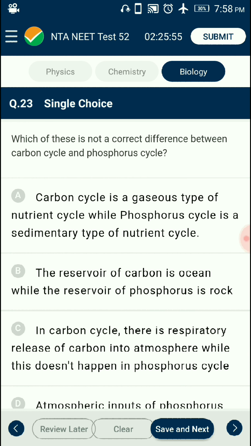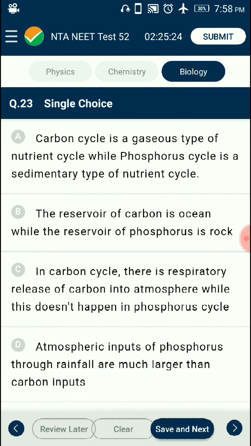Question number 23. Which of these is not a correct difference between the carbon cycle and the phosphorus cycle? The reservoir of the gaseous type of nutrient cycle, for example the nitrogen and carbon cycles, exists in the atmosphere, and for the sedimentary cycle, for example the sulfur and phosphorus cycles, the reservoir is located in the Earth's crust. 71% of carbon is found dissolved in oceans.